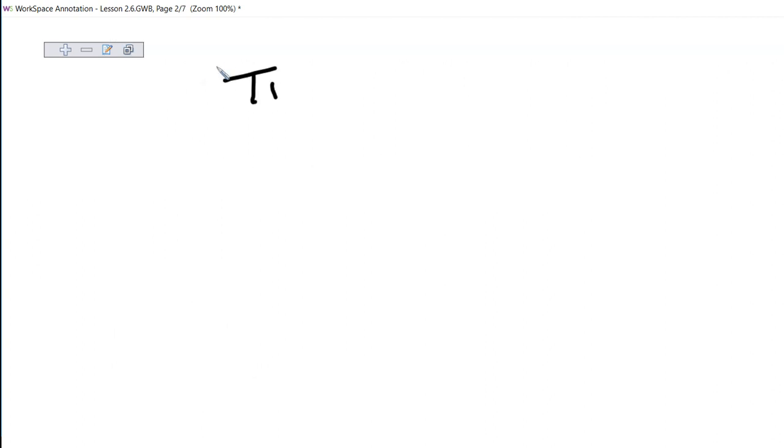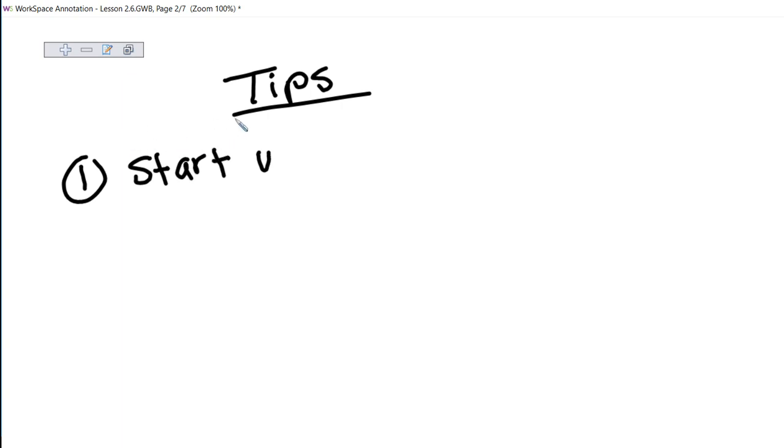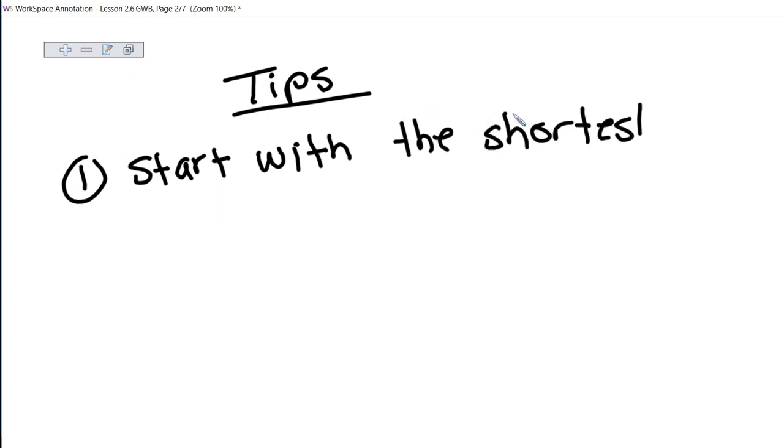So my first tip, you need to start with the shortest equations. It might just be one equation that's short, might be multiple.